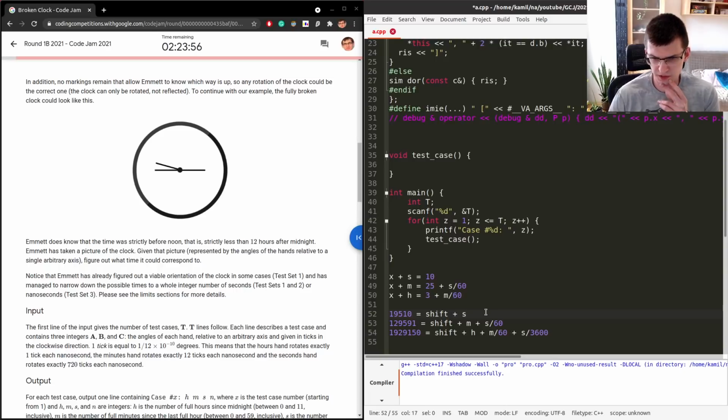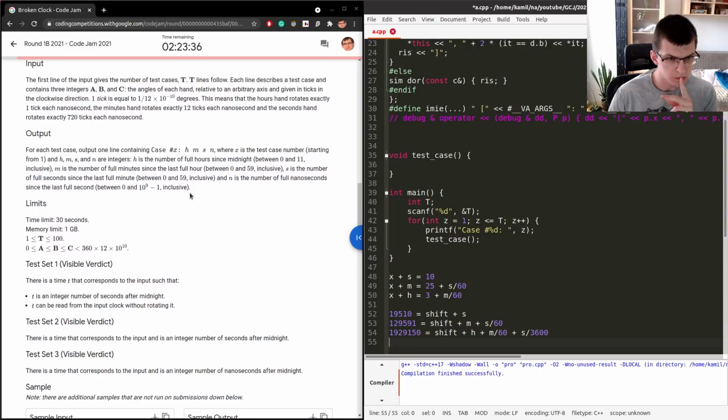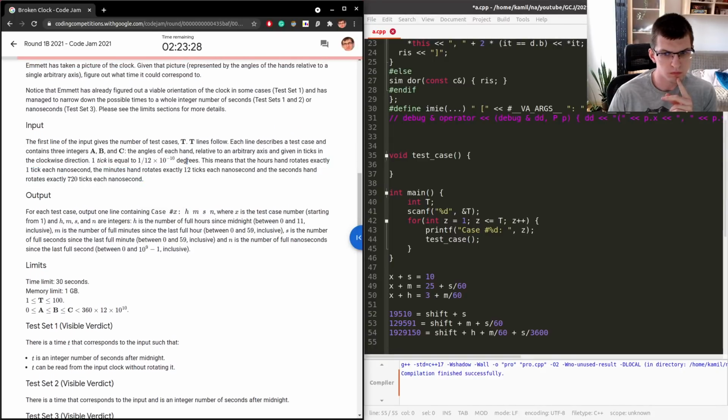But there are 4 variables and 3 equations. Doesn't it mean that there will be multiple solutions? If you fix shift, you will get s, and from this you will get m, you will get h. But I can iterate over h and over m and actually over s, because the number of nanoseconds is very unknown.